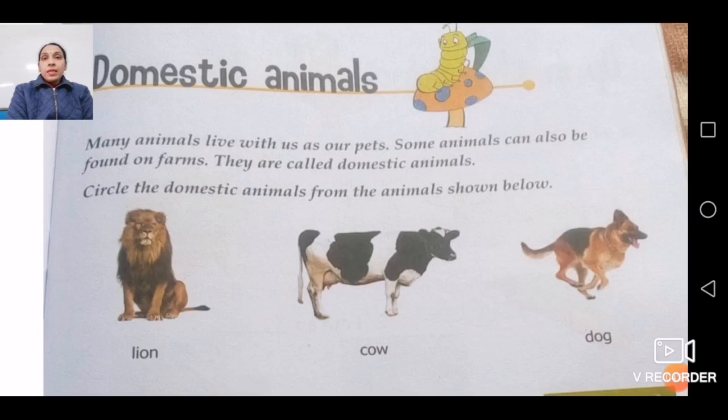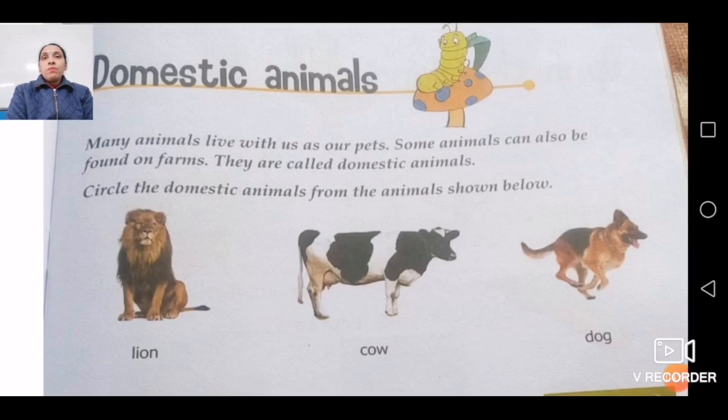Number two, wild animals. Wild animals are those animals which live in the jungle and nobody feeds them. And one more difference between domestic and wild animals: domestic animals are useful for us. We take care of domestic animals and we get something from them.